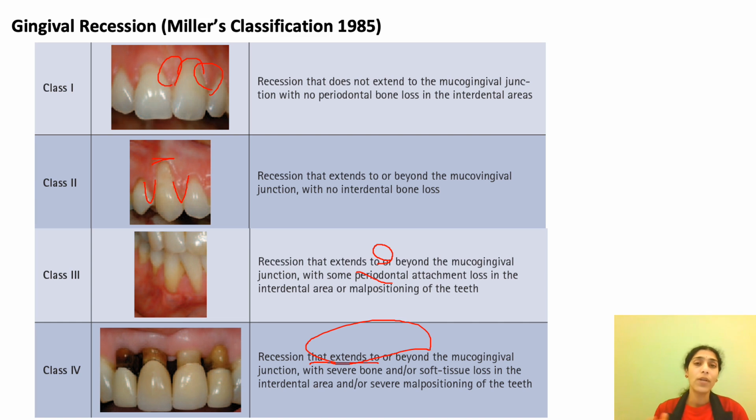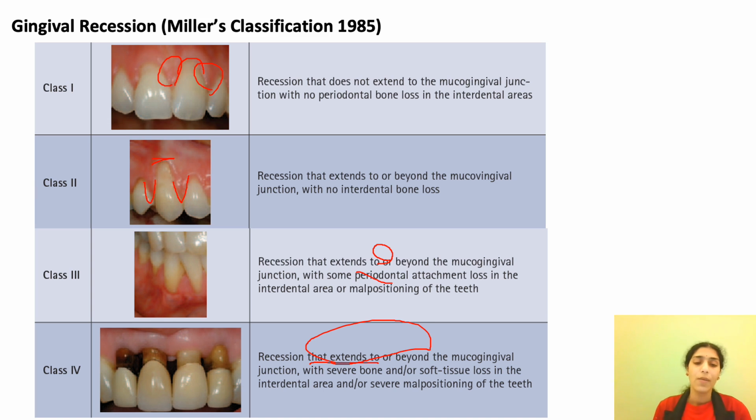Again, when I look into the root coverage procedures, which among the following will have a high predictability or high chances of getting completely covered? Of course, class 1, because there is no loss and it is very easy, not even extending until the mucogingival junction. Followed by class 2, and to a certain extent class 3 is 50-50.